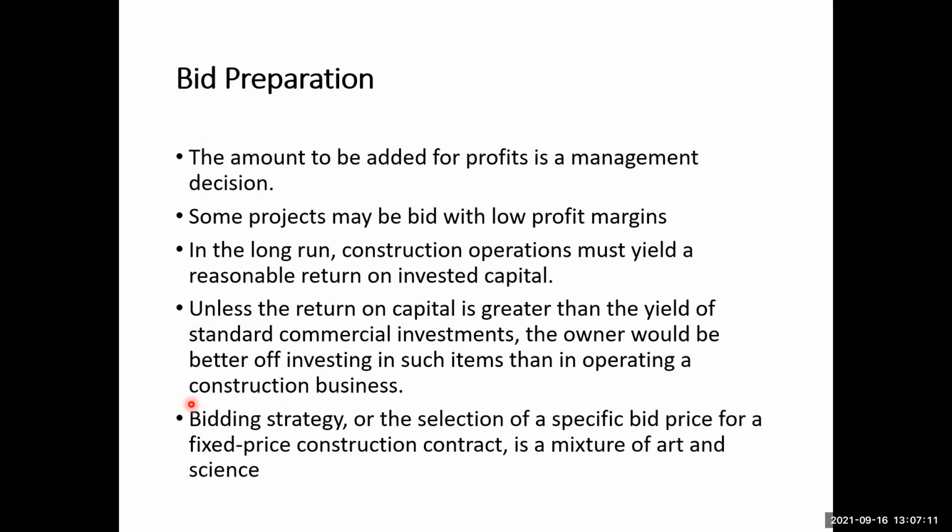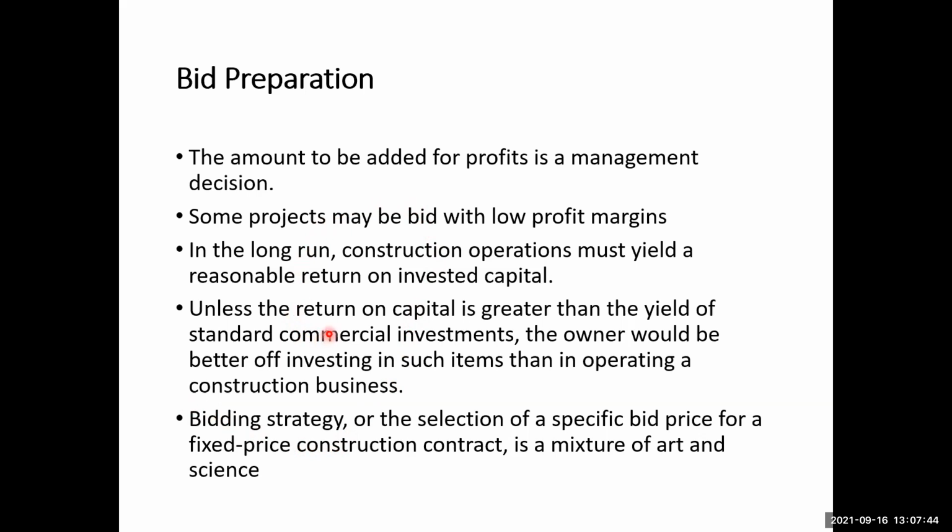The bidding strategy, or the selection of a specific bid price for a fixed price construction contract, is a mixture of art and science. Once you have done the cost estimating using the direct costs, project overhead costs, general and administrative overhead costs, and also added the profits, you have the bidding price.